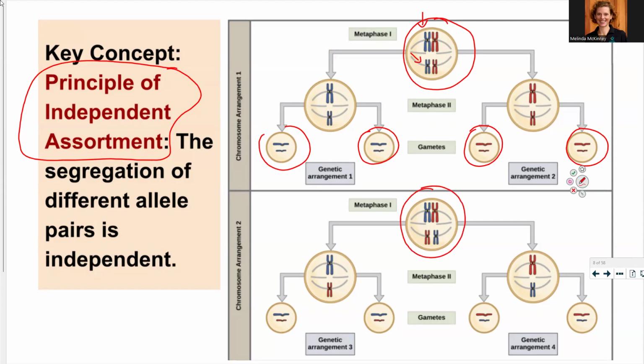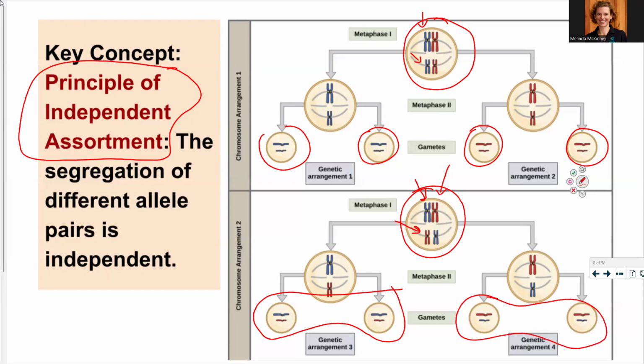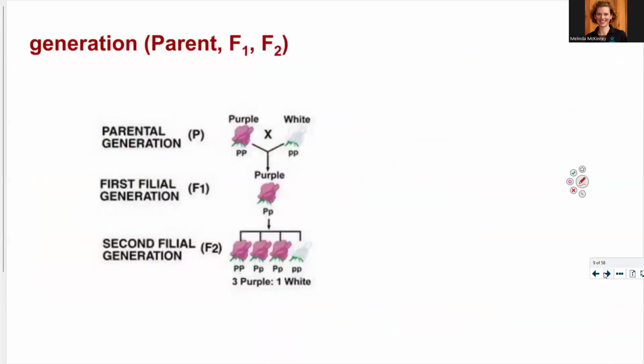Whereas equally likely, on the bottom, one of the blue parent's chromosomes is on the left, and then one of the red parent's is also on the left. That would result in this arrangement here. So just by how they're lining up in the center to begin with, you're going to have a lot of different options. So that is also a random process.